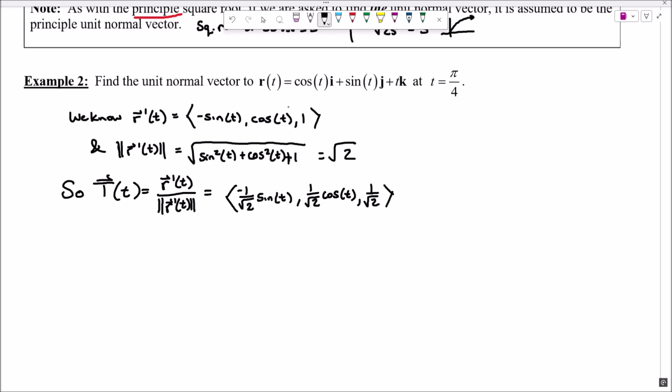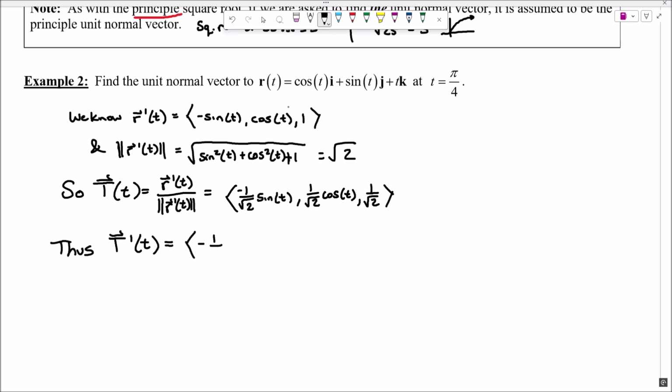Notice I had to do a little bit more work here to get started, because I need to be able to calculate the derivative of this function, and I can't do that unless I have T of t itself.